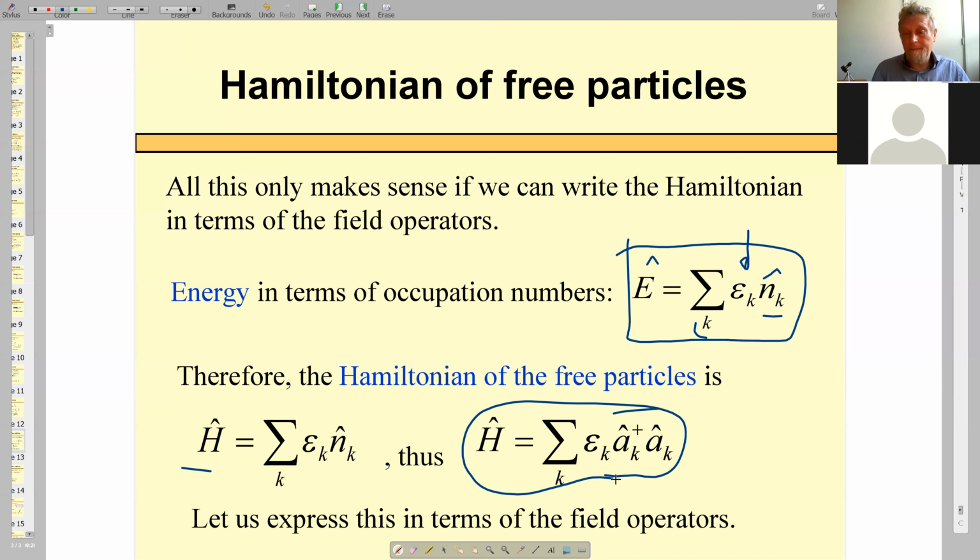So another exercise: again, it's an operator in terms of the level creation and annihilation operators. You could think of a coordinate representation. So let us express this in terms of the field operators.